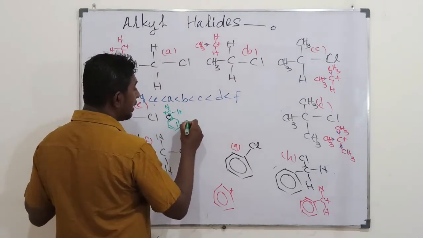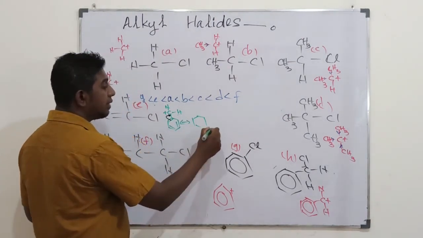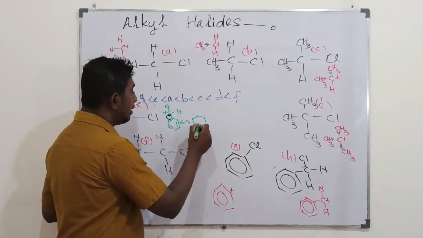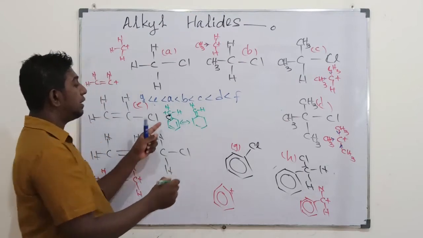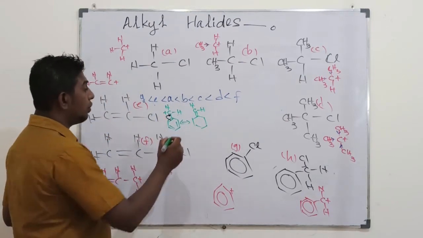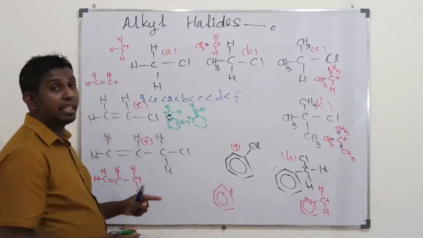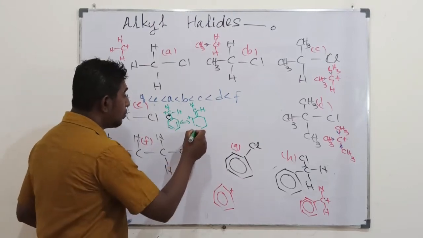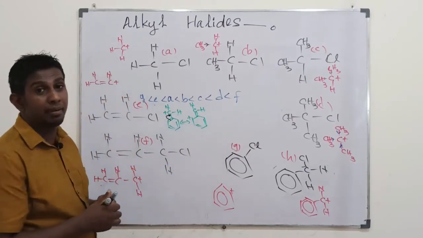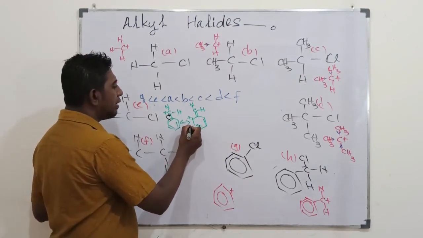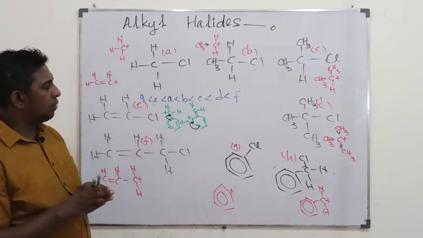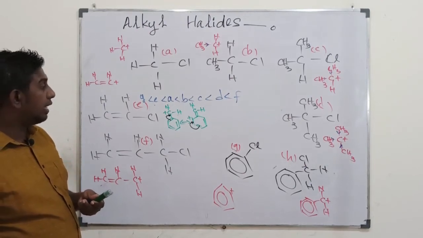So what you get here is a structure like this. It's a double bond now you have. So its positive charge is no longer existing. So you could find a positive charge appearing there. So students, these pi bonds are still there. Then this pi bond would be broken there.